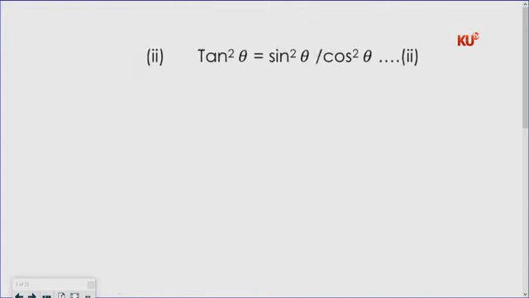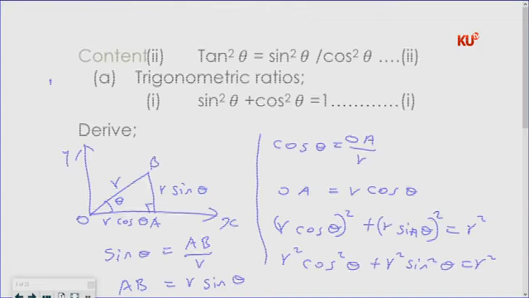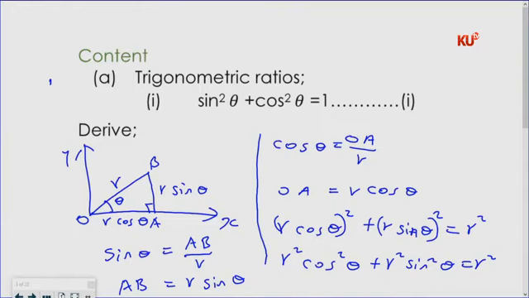You can divide each term by R squared. So if I divide here by R squared, by R squared, by R squared, I'll end up having cos squared theta plus sine squared theta is equal to 1. So where is this 1 coming from?